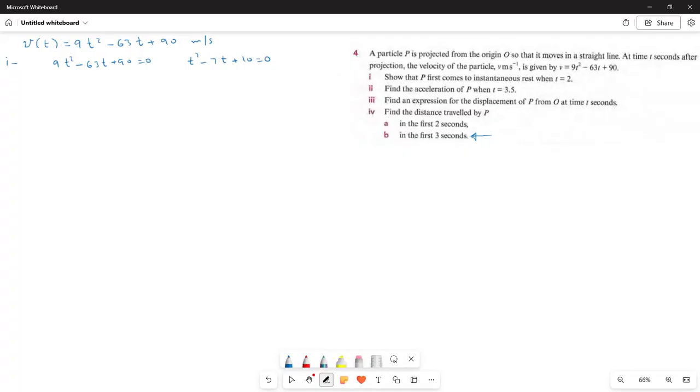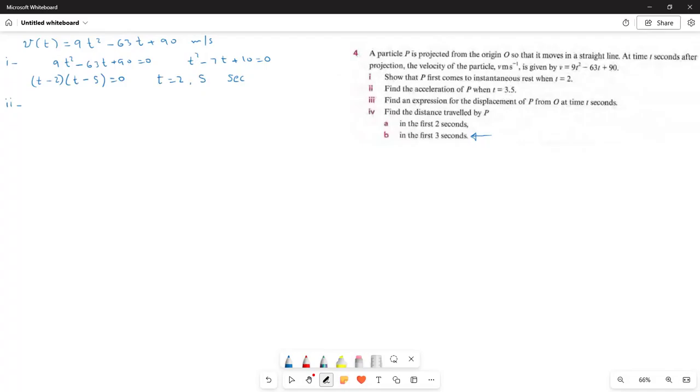This can be factored as (t minus 2)(t minus 5) equal to 0. So this gives t equal to 2 and 5 seconds. It means at these instances, 2 seconds and 5 seconds, the particle was at rest.